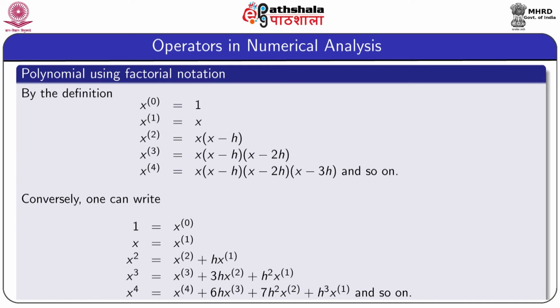Conversely, we can write 1 equal to x factorial 0, x equal to x factorial 1, x square equal to x factorial 2 plus h into x factorial 1, x cube equal to x factorial 3 plus 3h x factorial 2 plus h square x factorial 1, and so on. That means any polynomial can be expressed in terms of factorial power notation, and note that the degree of the polynomial remains unchanged under this transformation.